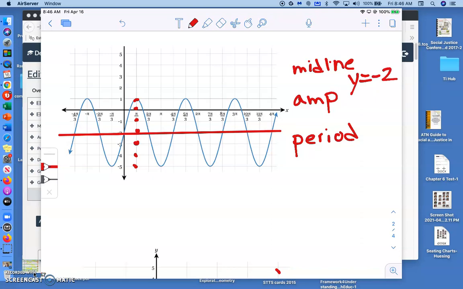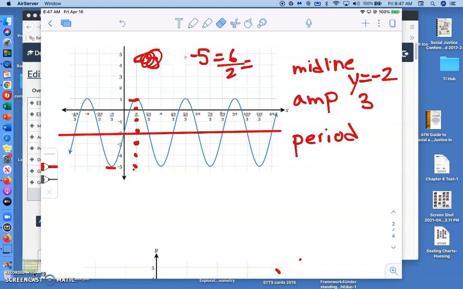And so our amplitude, like that difference between the height, or how much higher and how much lower from the midline. So it goes up 1, 2, 3, and down 1, 2, 3. So our amplitude is 3. And again, you could look at it as it goes from -5 to 1. So if we were to subtract those, 1 minus -5, that's 6.